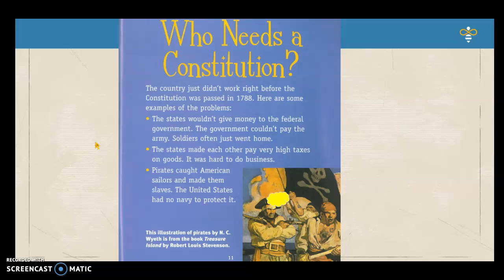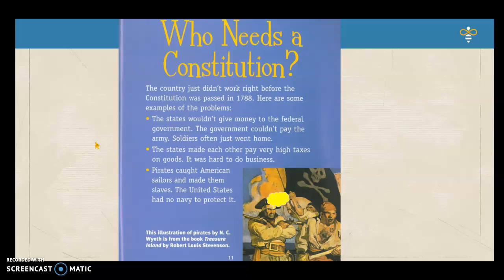Who needs a constitution? The country just didn't work right before the Constitution was passed in 1788. Here are some examples of the problems. The states wouldn't give money to the federal government. The government couldn't pay the army. Soldiers often just went home. The states made each other pay very high taxes on goods.